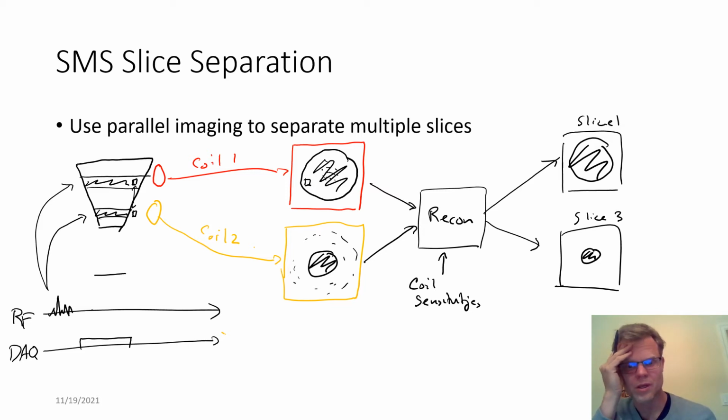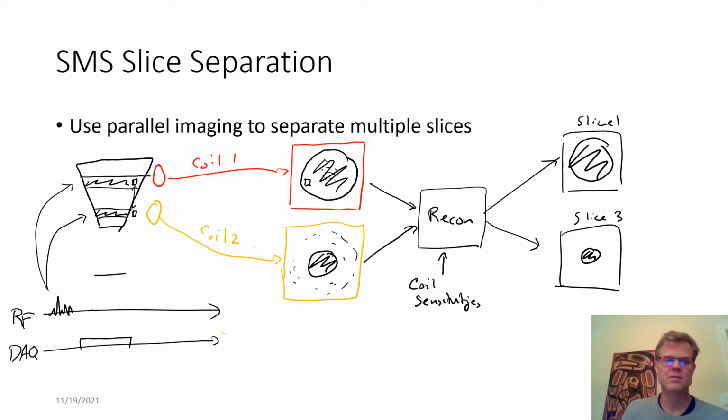We can take the imaging data from one excitation pulse, add in the coil sensitivity profiles, and formulate this as a parallel imaging reconstruction, and end up with two slices within only one RF excitation pulse. And this is the basic idea that's really key behind multiband or SMS methods.